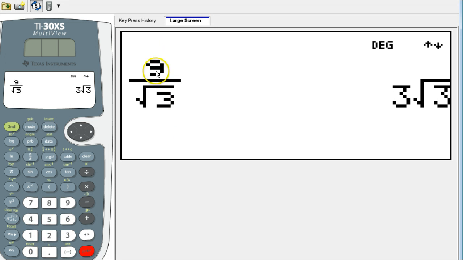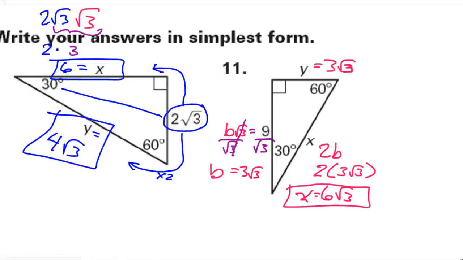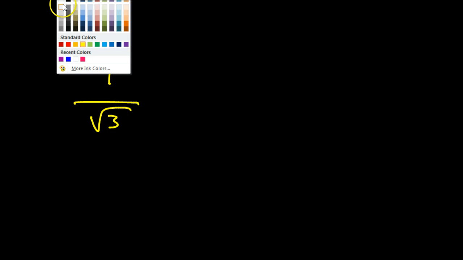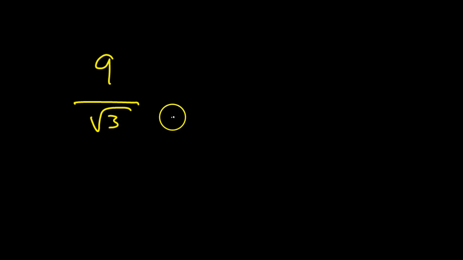Now before we move on, go back to this. What if you had to do 9 divided by radical 3 but you were not allowed to use a calculator? What then? Well, let me just show you that real quick. 9 divided by radical 3. We do something that's called rationalizing the denominator. So if I have 9 divided by radical 3, if I want to rewrite this without a radical in the denominator, I can do that by multiplying by radical 3 in the numerator and the denominator.